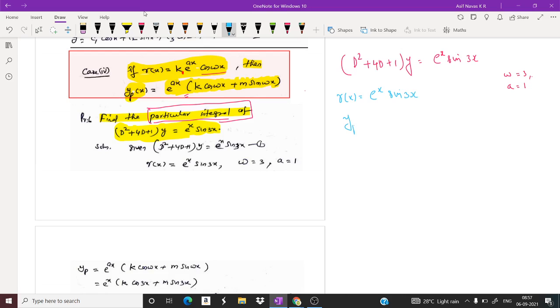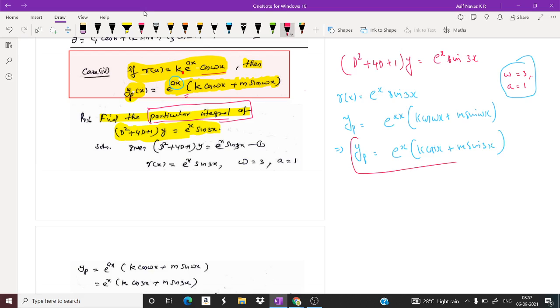Then we will choose yp is equal to e raised to ax (k cos omega x plus m sin omega x), and here omega is equal to 3 and a equal to 1. So yp is equal to e raised to x (k cos 3x plus m sin 3x).